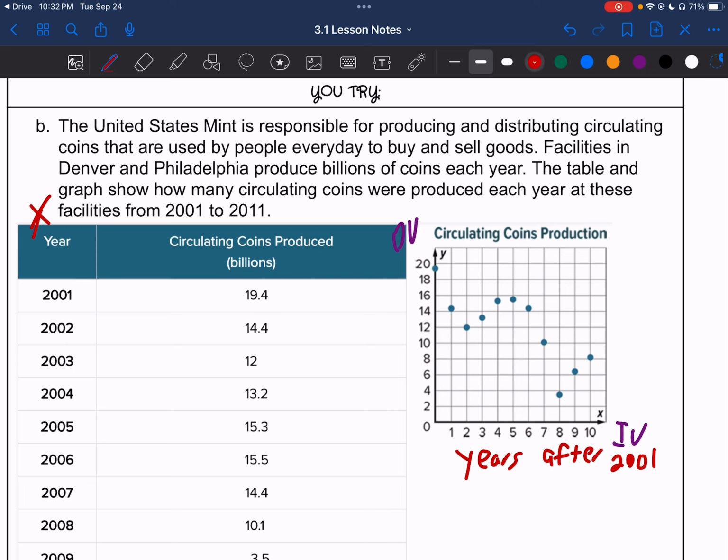And it's being measured in increments of 1 year. Now my y-axis, this is going to be coins produced, and we are going on a scale of 2 billion. So each grid line represents 2 billion coins being produced.